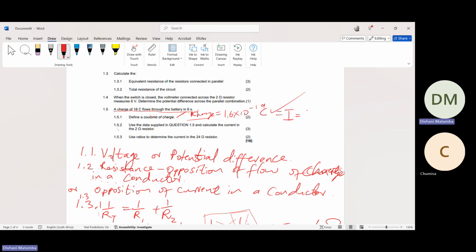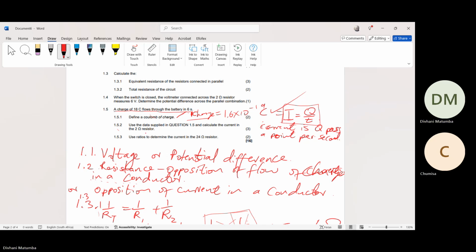So you can say I equals Q over T. You can say current is the charge that passes a point per second, or over a given time. We can say whatever, but this is the formula.